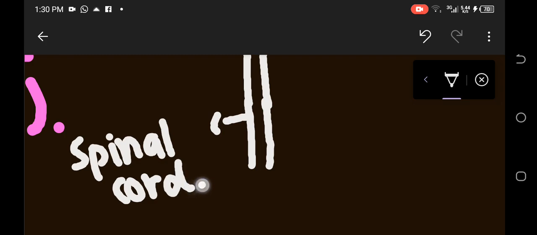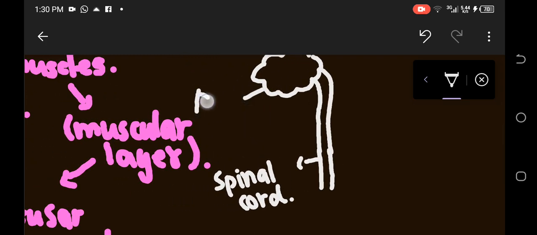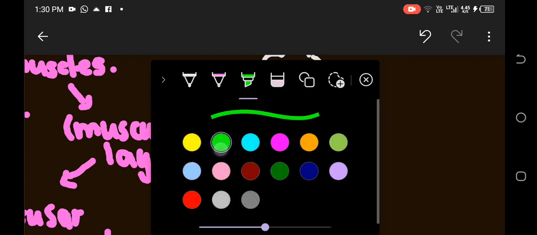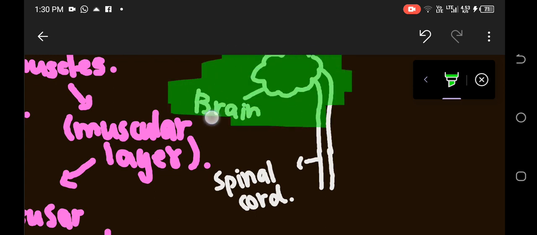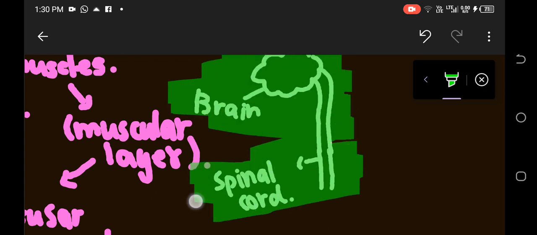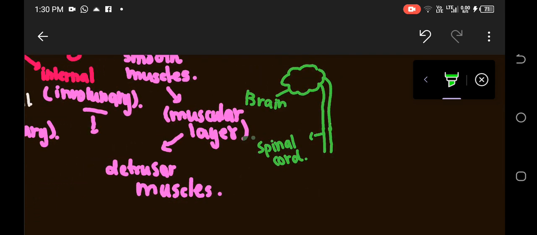So here we can draw it. Suppose this is our brain, and this extends toward the spinal cord. Fine. So now here you can see, and this is our urinary bladder.